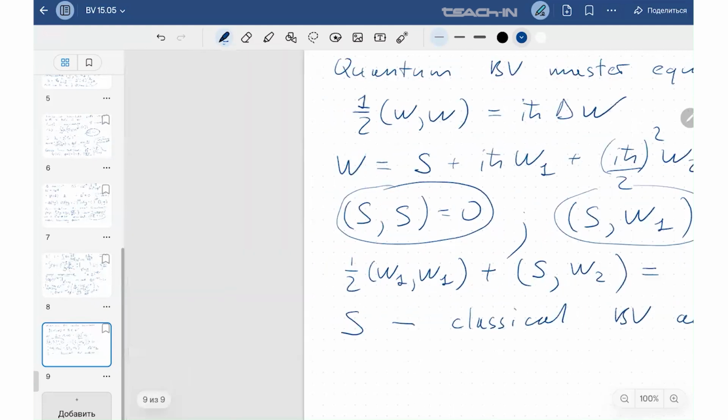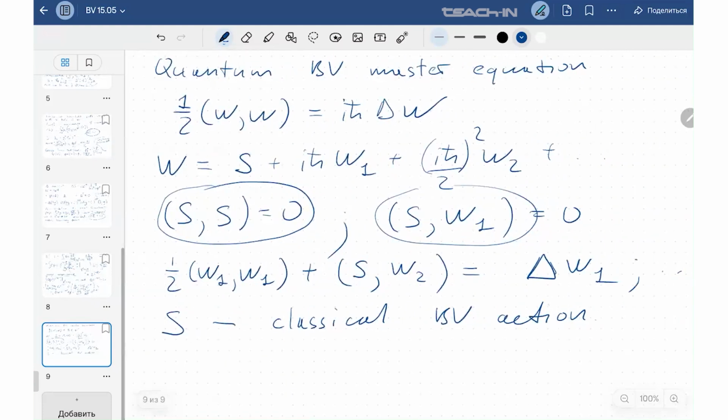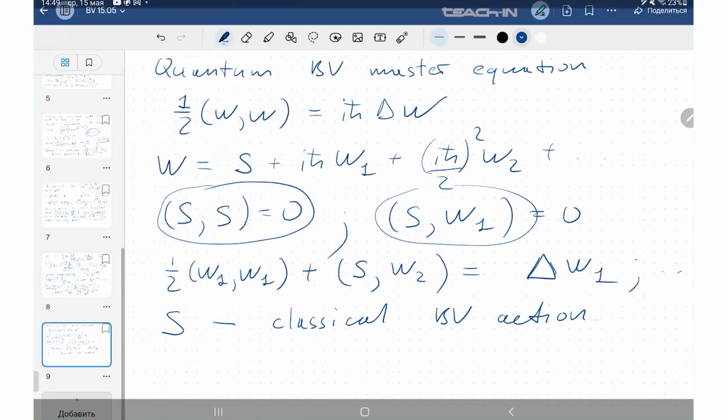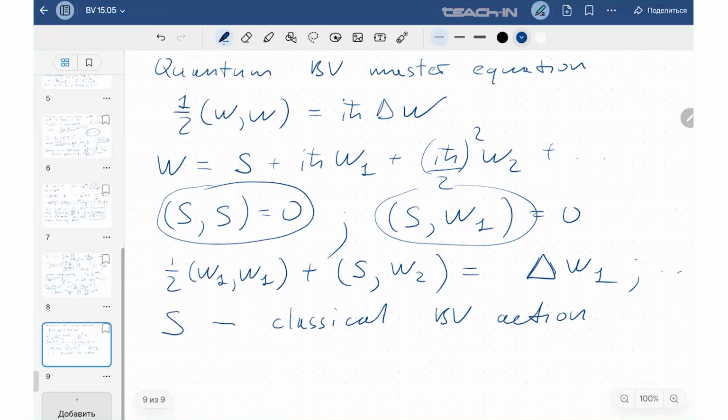Okay, good. But how am I doing with respect to time? Not very good. Time is running. But what we really need, so we now see what conditions should be satisfied by the integrand of the path integral.